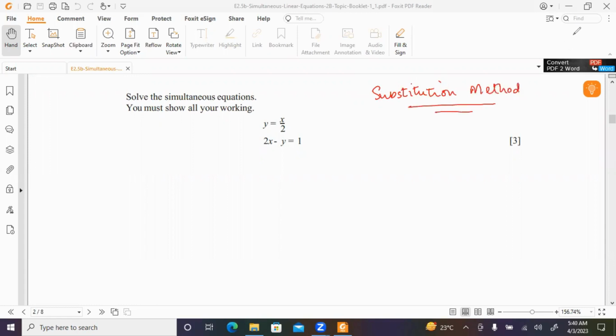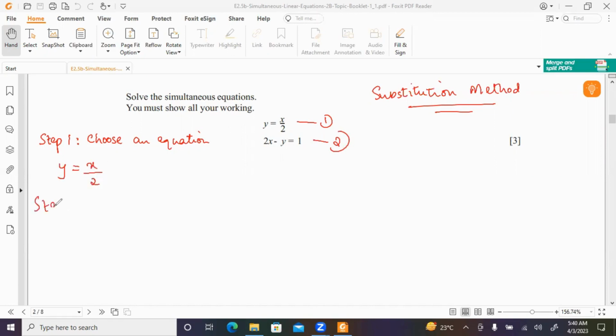I'm going to write all the steps in case you missed the previous video. Step 1 for the substitution method is to choose an equation. So we have equation 1 and equation 2. In the system of equations, we have two equations, and I choose equation 1.